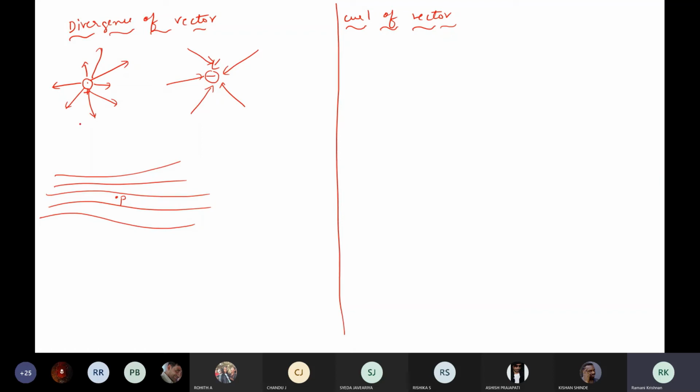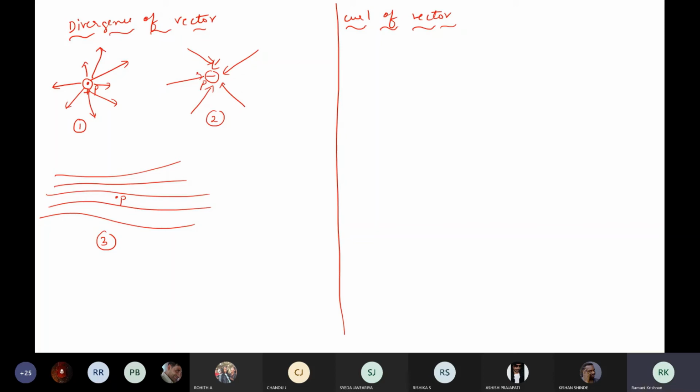Now see here, is it converging or diverging at point P? If this is the point P, I'll say this also point P. At point P, are the lines converging or diverging?